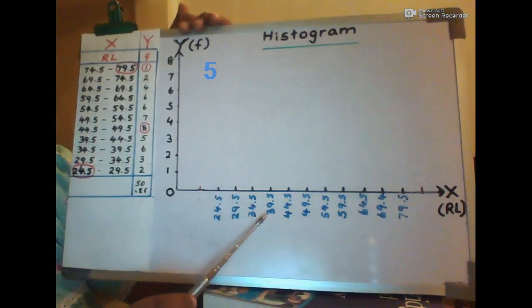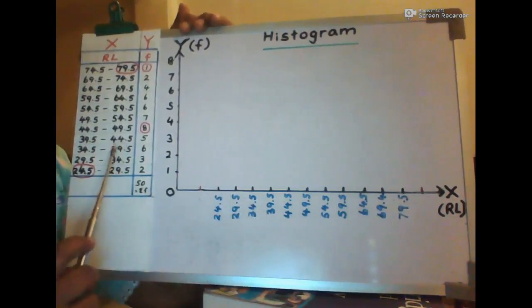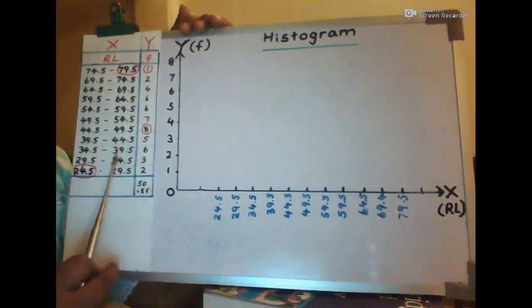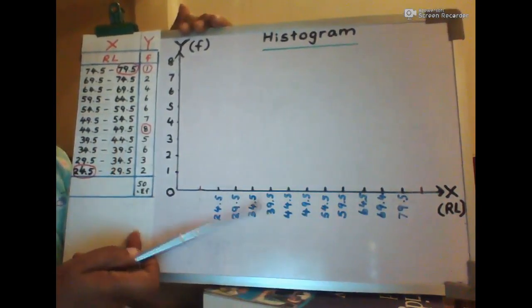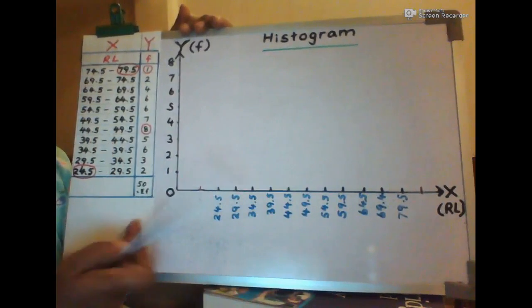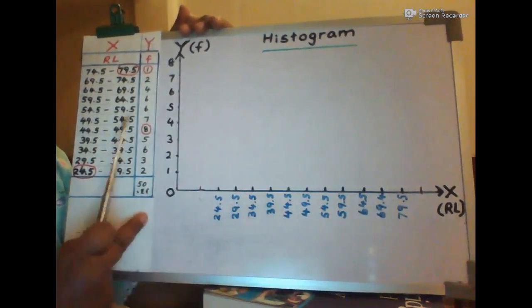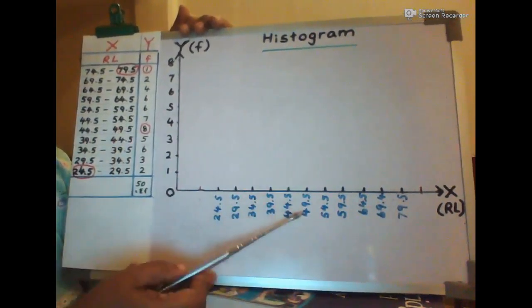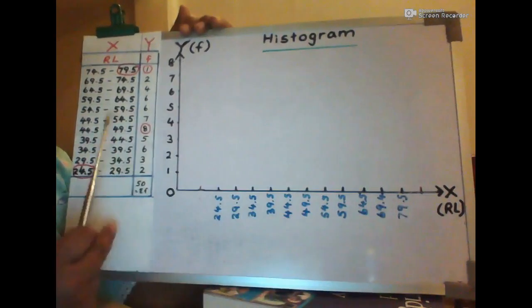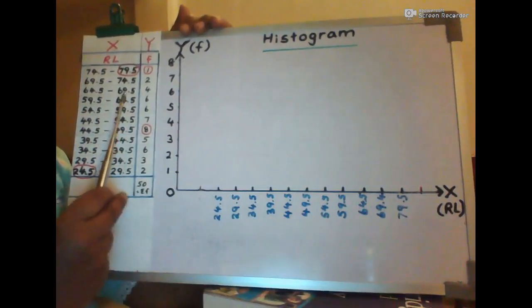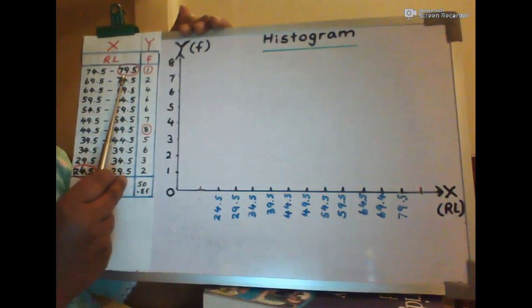Next one is 39.5. Then 44.5, 49.5. Likewise, it goes on. What's the last one? The highest one, the 79.5.